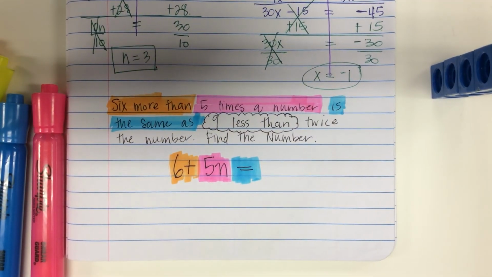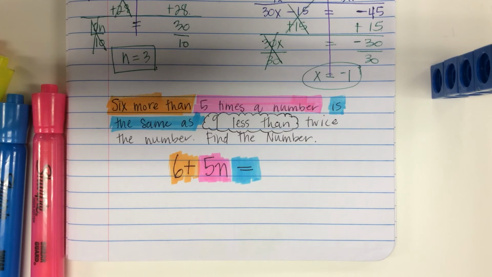9 less than. However, some of you are going to say, oh yeah, easy, 9 minus. And I'm going to say, no way. If you have $100 and I have 9 less than you, if you have $10 and I have 9 less than you, if you have $20 and I have 9 less than you, you are not taking 9 minus 20, 9 minus 10, 9 minus 100. 9 less than is the only one that does this.